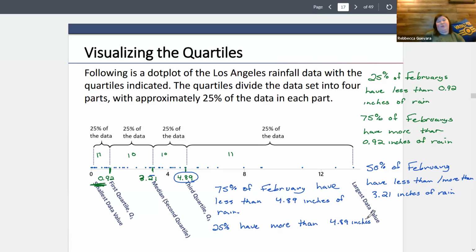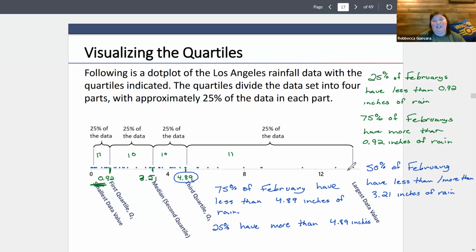Like I said, it's an interesting way to split up your data, and it splits it up in a meaningful way because we're looking at it as quarters. When I have those quartiles, I know about how much should be below that quartile and about how much should be above it. One of the things I learned from this data is Februarys don't necessarily have a lot of rain, because we got about 3 inches here, and a good half of these are actually below 1 inch.